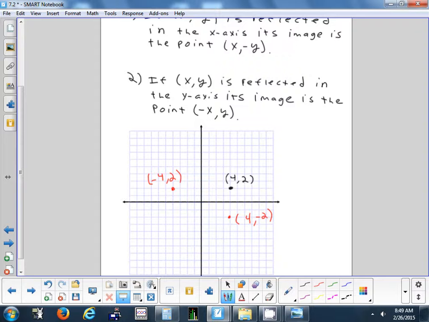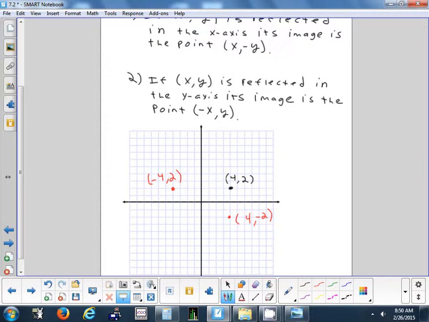Now, if you had another line at an angle, let's say a line with a slope of something and a y-intercept of something, that could be a little bit more complicated to figure out a formula. You could do it, but it might be a little bit harder, but it's also a little bit more realistic. Generally, reflections aren't always over a line that's perfectly vertical or perfectly horizontal.